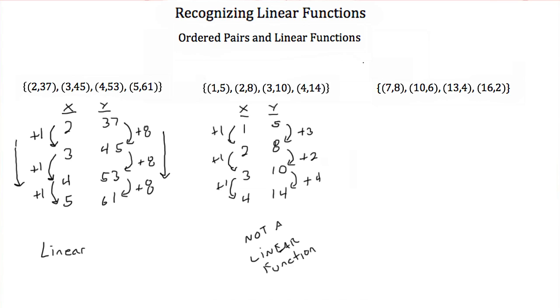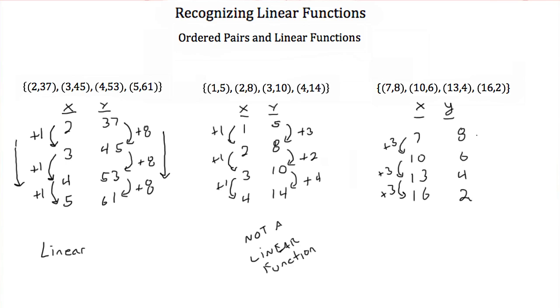So let's look at our last set of ordered pairs. We have a 7, a 10, a 13, and a 16, and then an 8, a 6, a 4, and a 2. Now our x values increase by 3, again by 3, and again the last time by 3.